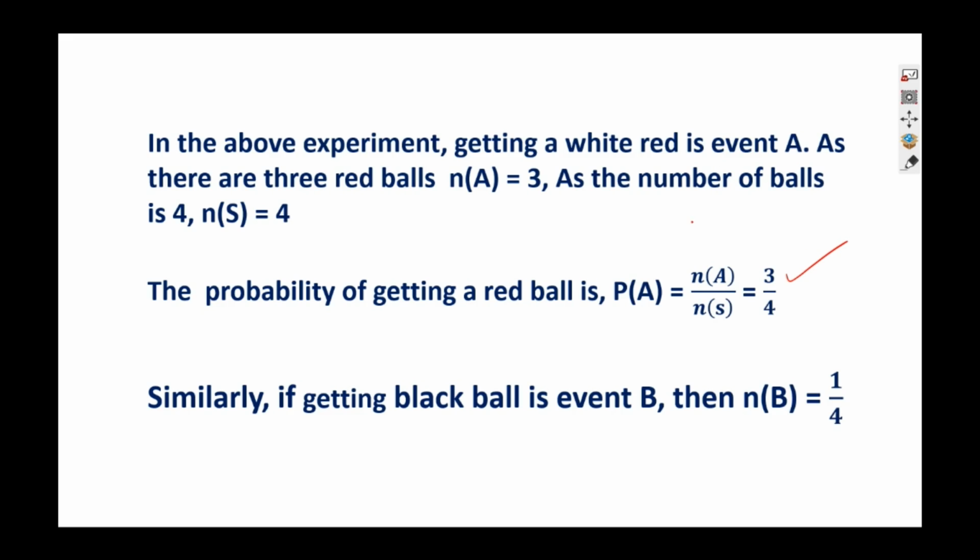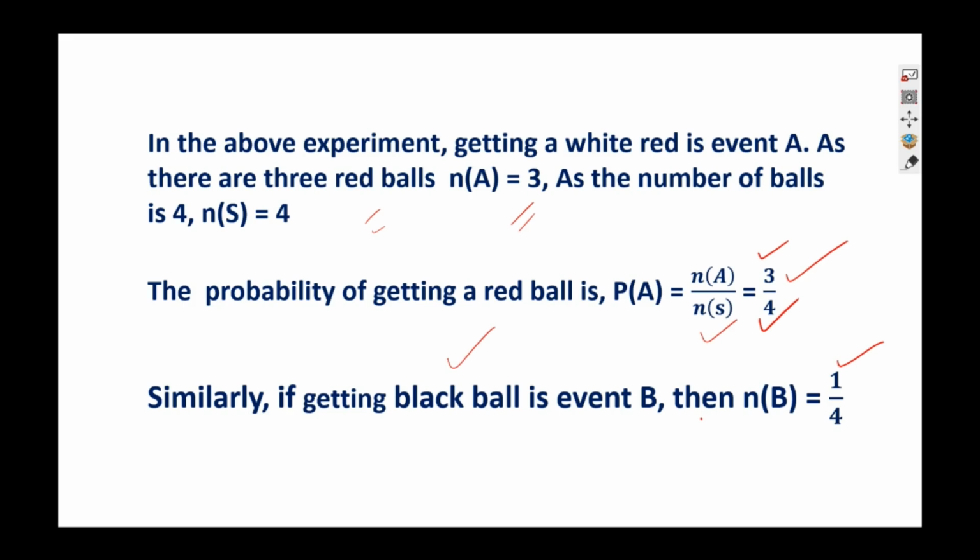As there are 3 red balls, the maximum possibility or chance is 3, and as the total number of balls is 4, the number of sample points in the sample space will be 4. The same way, for the black ball, the probability is 1 upon 4 according to the same formula. This way we find out the probability of a particular event.